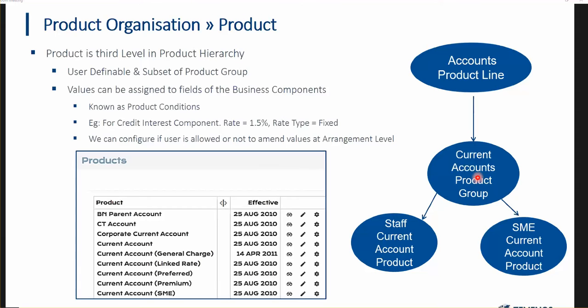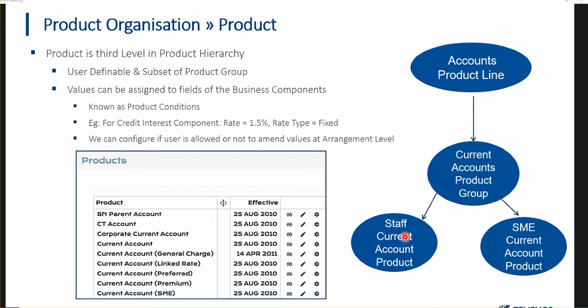On the attributes or fields here, there's no category code mentioned at all, because this would restrict. The category code is only here and here. Similarly, the interest rate is only here and here, but there's no interest rate mentioned here. Otherwise, it would restrict me from having a different rate here and here. So one product group can share multiple categories of products.